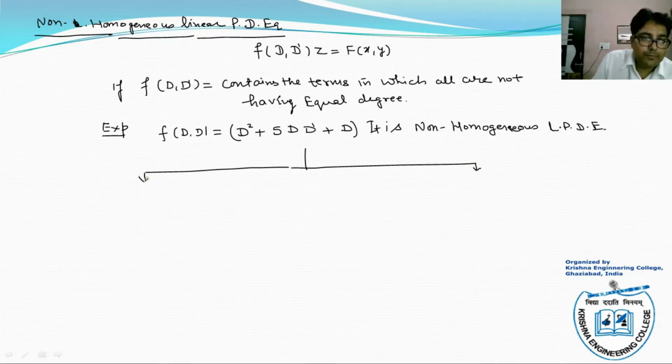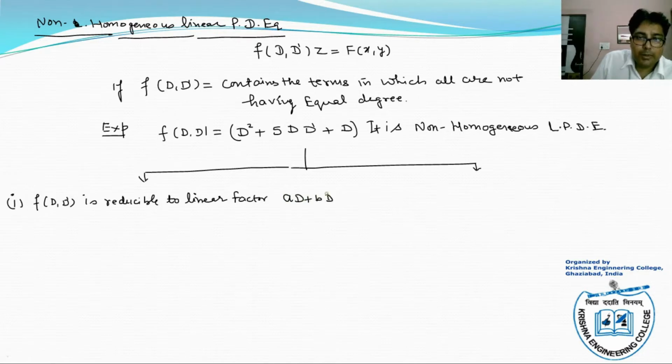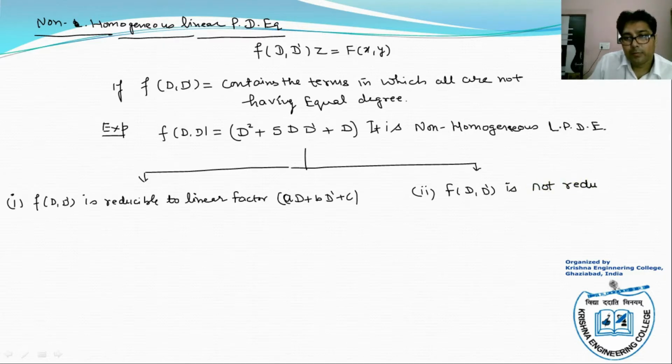Number first, f(D, D') is reducible to linear factor aD + bD' + c, and second is f(D, D') is not reducible to linear factor.